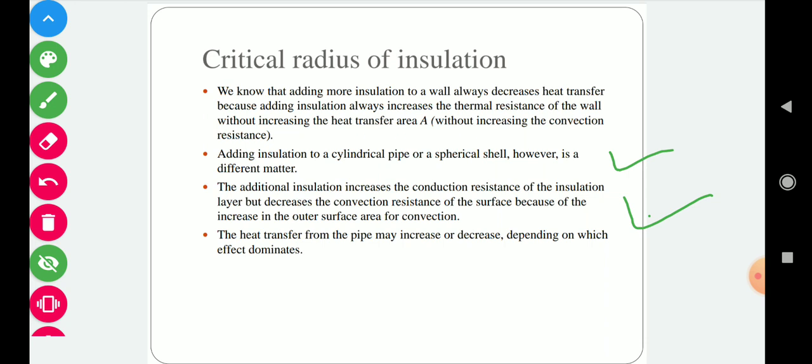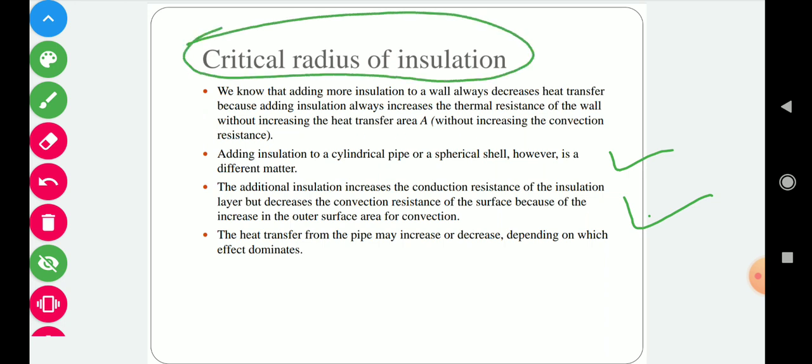So the term critical radius of insulation arrived. There is a critical thickness above which heat transfer rate decreases, and if the radius of the object is less than critical radius, then instead of decreasing, the heat transfer rate actually increases.